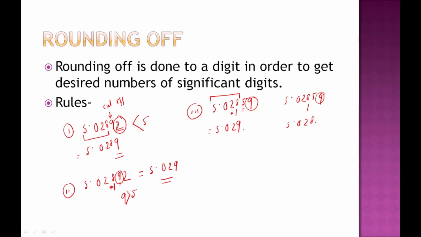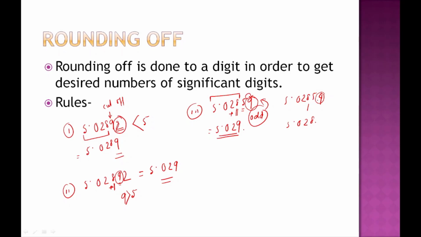But what shall happen if the number placed right of the cutoff digit is 5? Then we look at the next number. If the next number is odd, as in this case, because 9 is an odd number, then we can add plus 1 to the cutoff digit, and the answer shall be 5.029, as in this case.